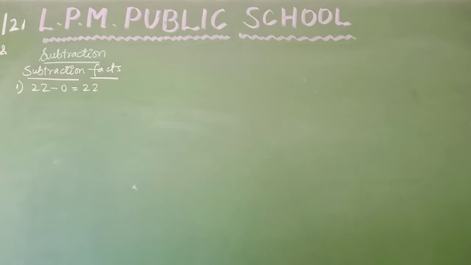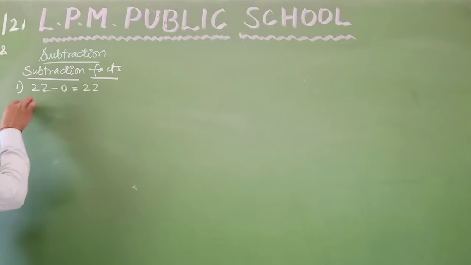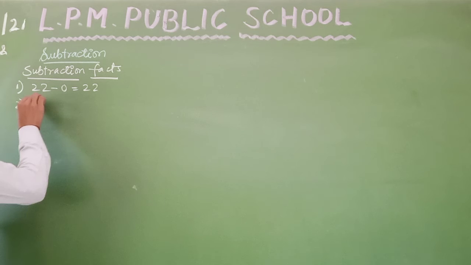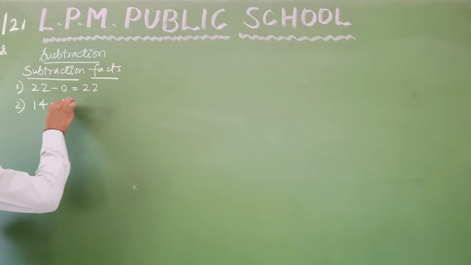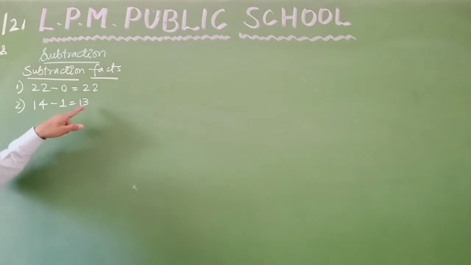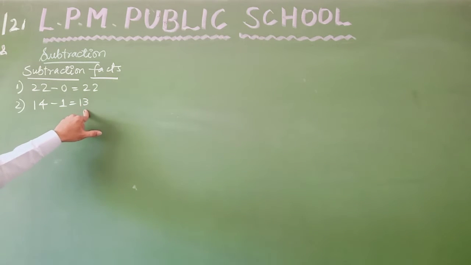Now that is the second subtraction fact. What is it? Listen carefully. When 1 is subtracted from a number, the difference is the number before, or predecessor. That means 14 minus 1 is equal to 13, and you know that 13 is the predecessor of 14.